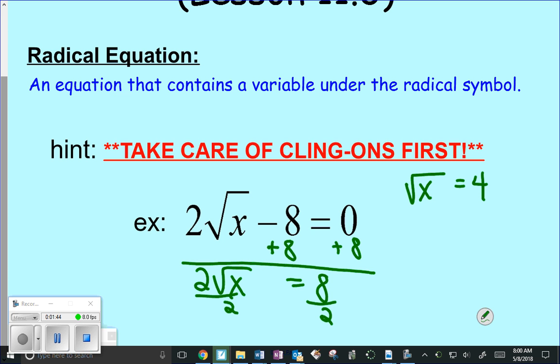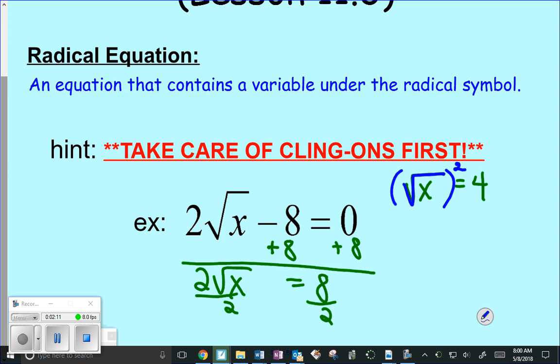Now before you just automatically say 2, no, that's not going to be 2. You know that's going to be 16, right? Because that's an easy one to find. But let me show you how to do it if it's not one that's real obvious. How could I get rid of this radical sign? Yes, square it. Since this is a square root, to get rid of it, I'm going to square it.